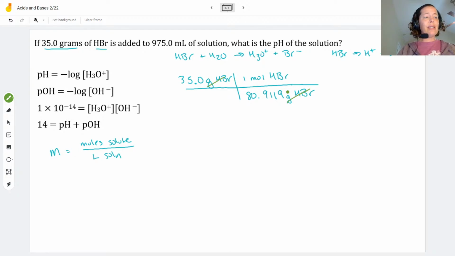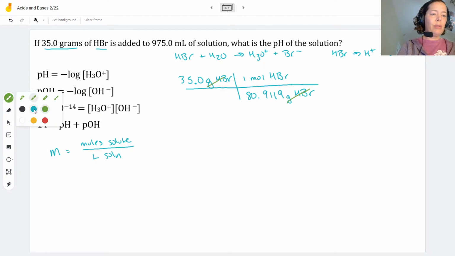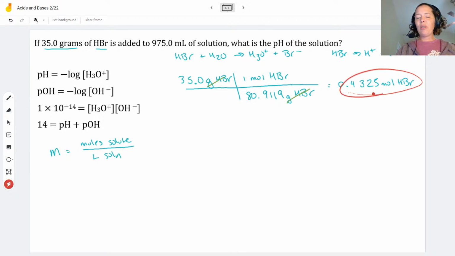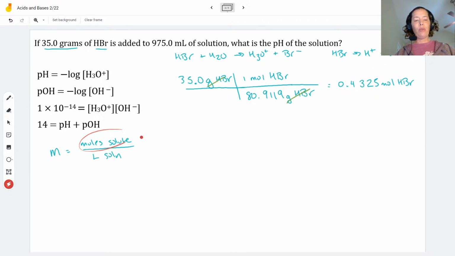Okay, so this is all well and good, and this, oops, let me switch back to blue. This equals 0.4325 moles of HBr. Okay, great. Can I plug this moles of HBr into here for my moles of solute? Well, I could, but remember, I want the concentration of hydronium.